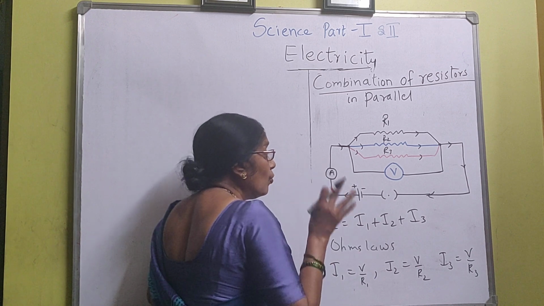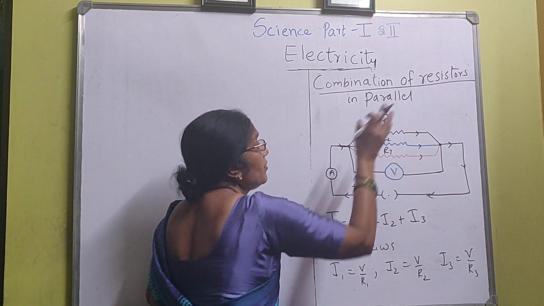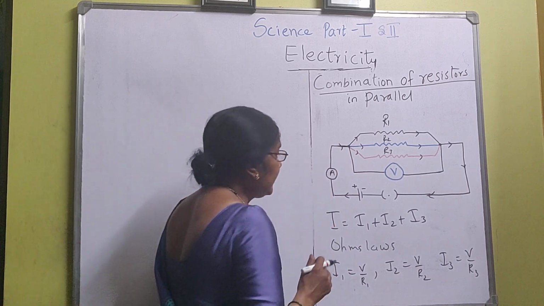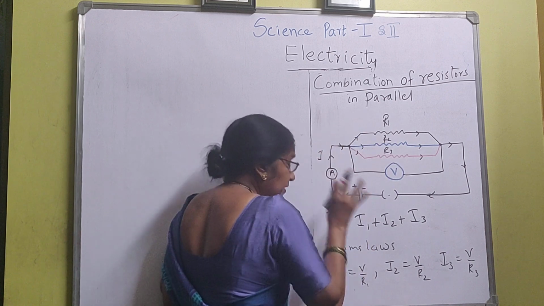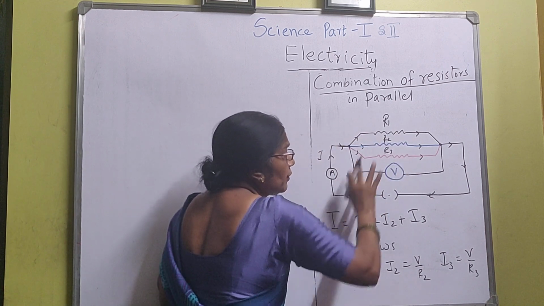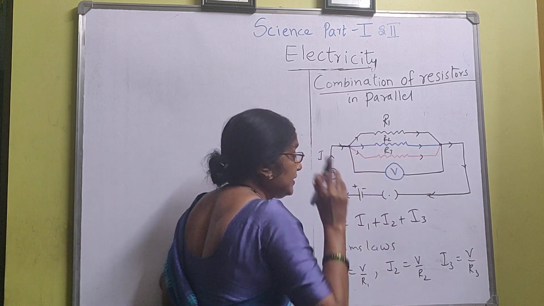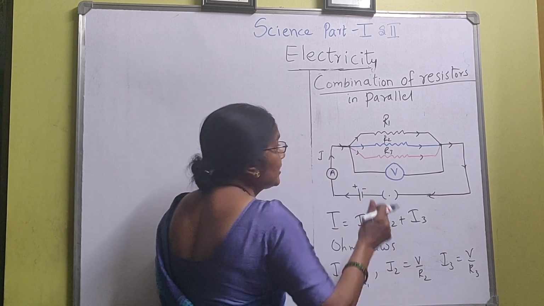So applying Ohm's law, how do we find the total resistance in this combination of resistors? The current which is flowing in this circuit will be divided. So the current won't be the same. In series we saw the current is the same, but here the current won't be the same.